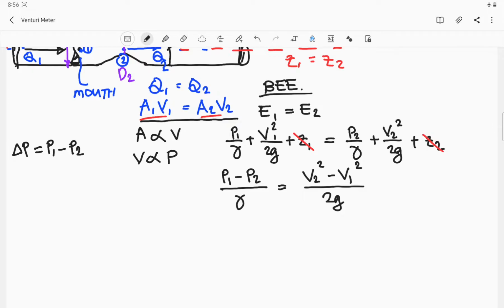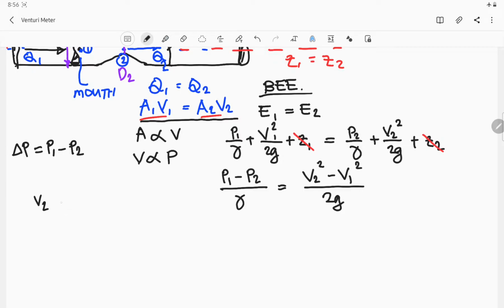We can express V2 in terms of V1 by determining the proportion of area.